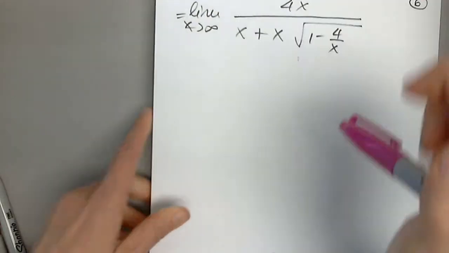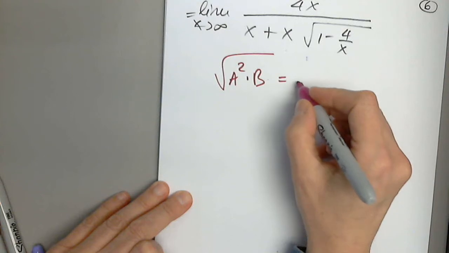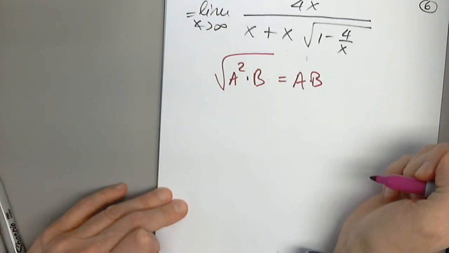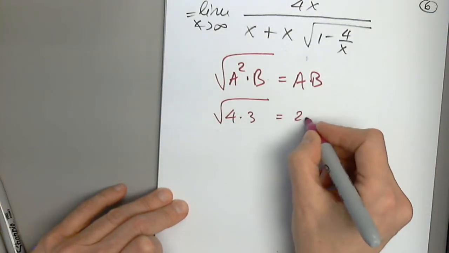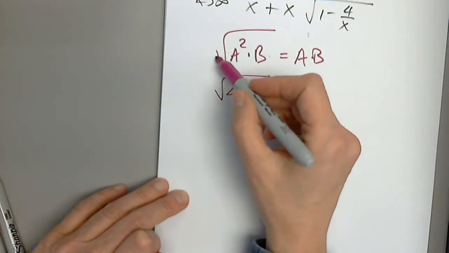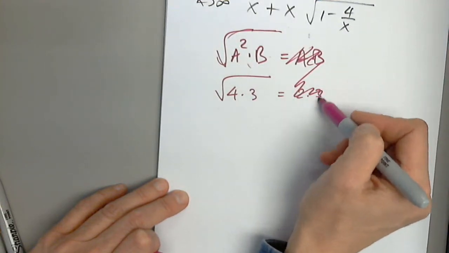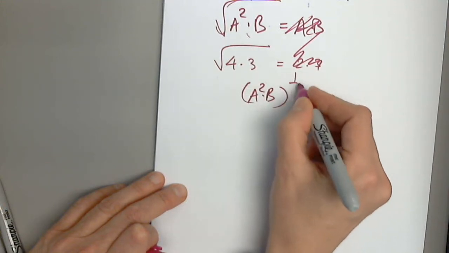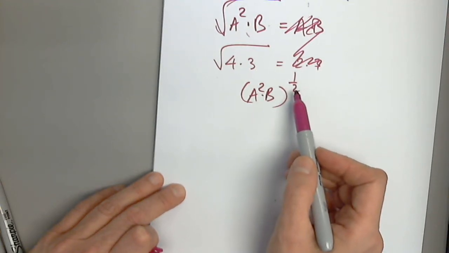If I want the square root of a squared times b, is this just ab? It's like asking, is the square root of 4 times 3 just the square root of 2 and 3? No. You have to take the square root from a squared and take the square root from b. You cannot omit anything, because this is basically a squared times b, everything to 1/2. So you have to raise a squared to 1/2 and b to 1/2. Better?